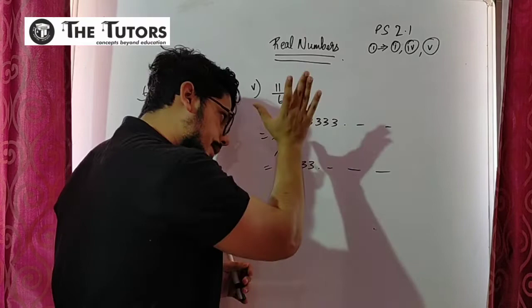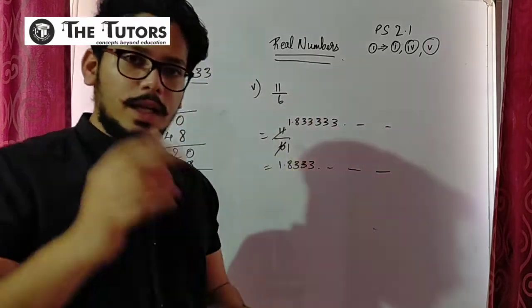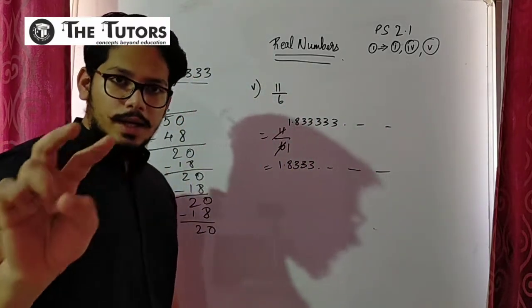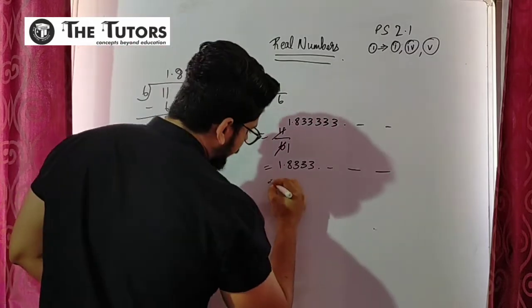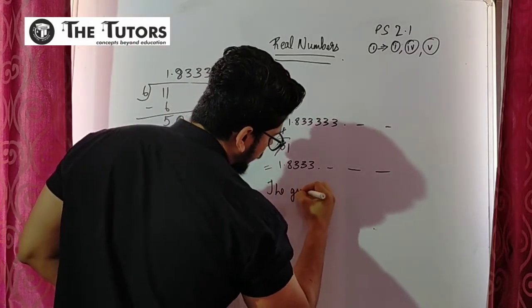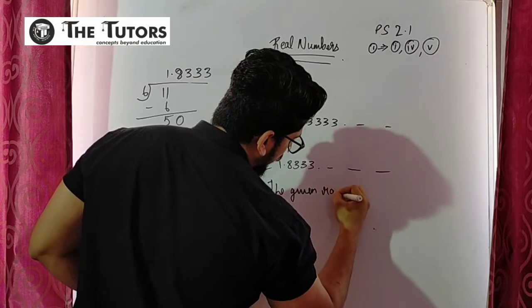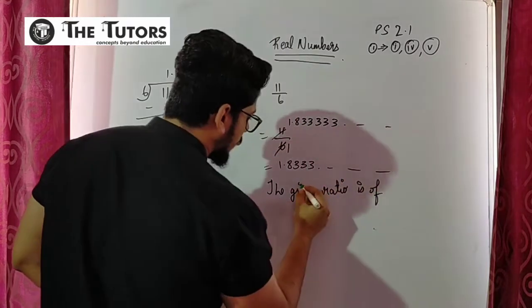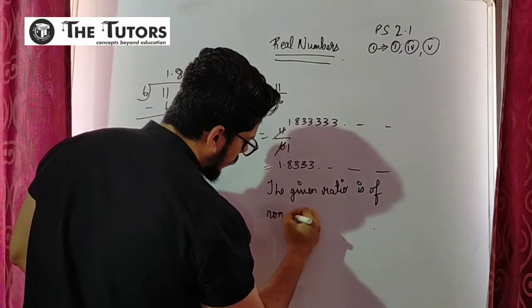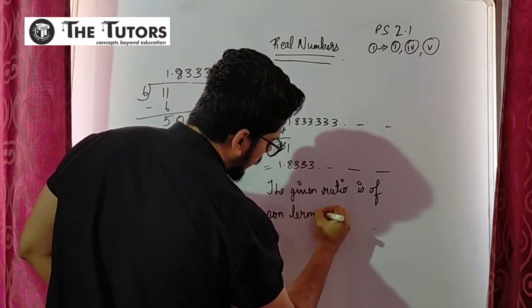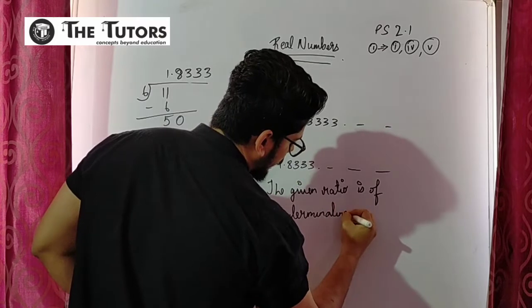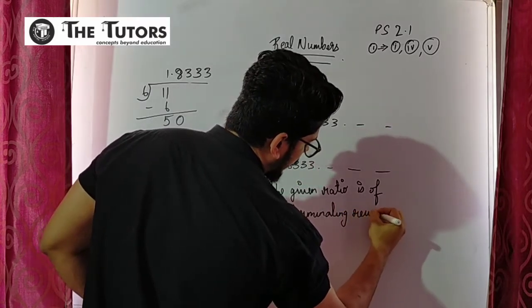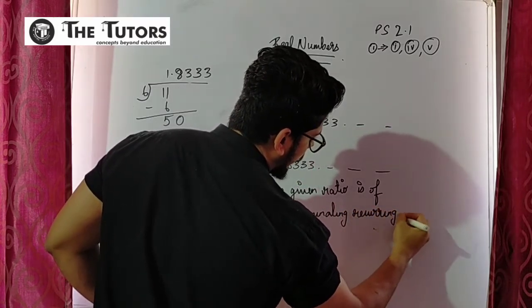When this is recurring and also non-terminating, the answer is, as you already guessed, the given ratio is of non-terminating recurring type.